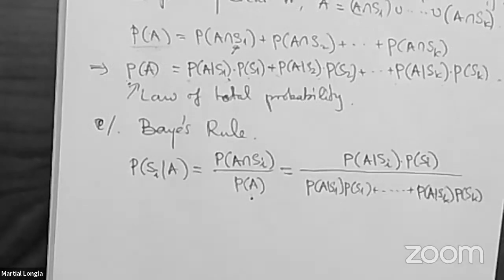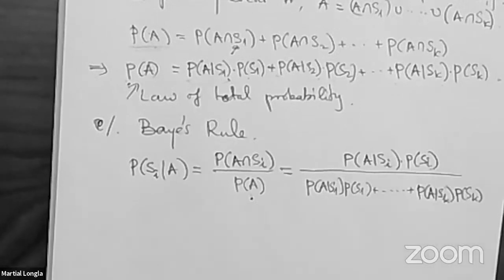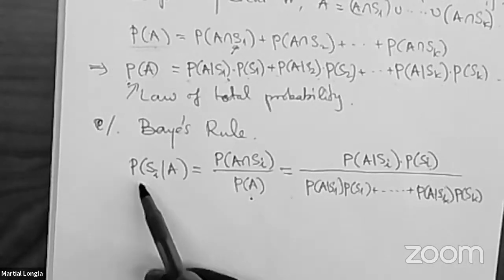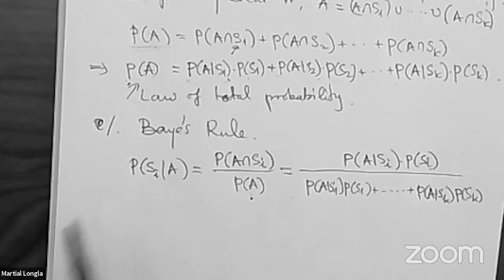Remember that the setup tells you that you know the chance of being at a given plant, and at each of the plants, you know the chance of having a defective item. And this formula gives you the probability that the defective item comes from a given plant, even though you know already that it is defective.